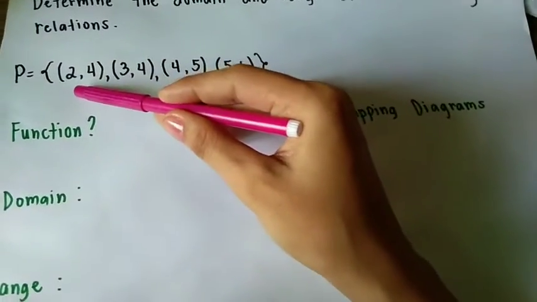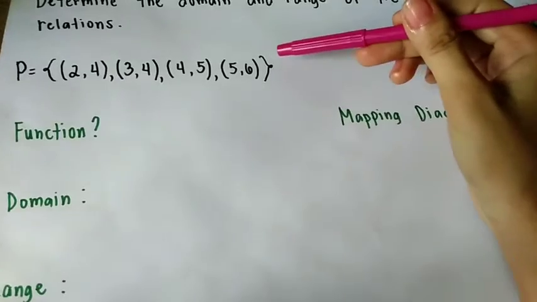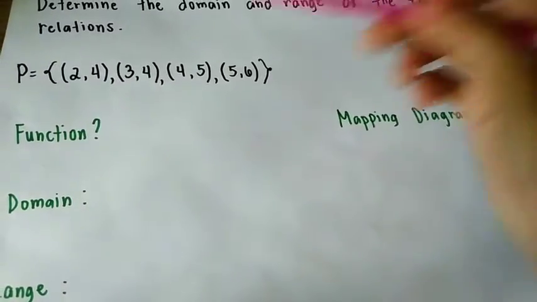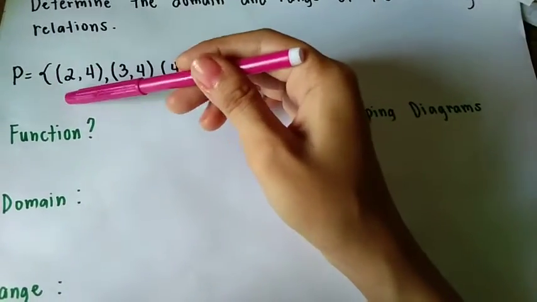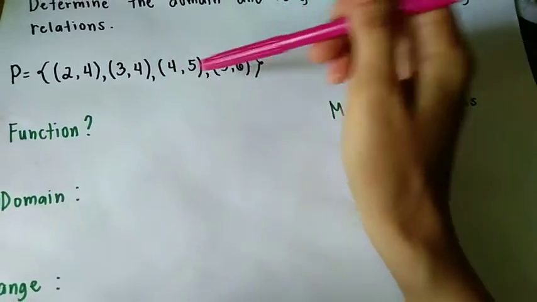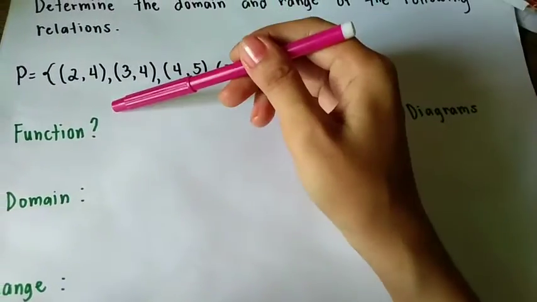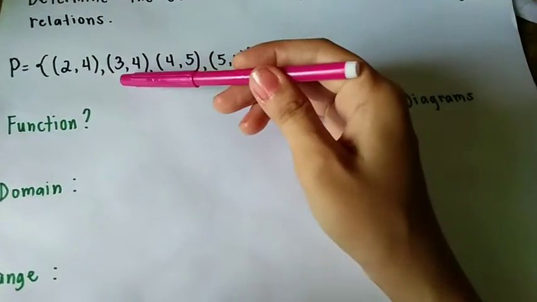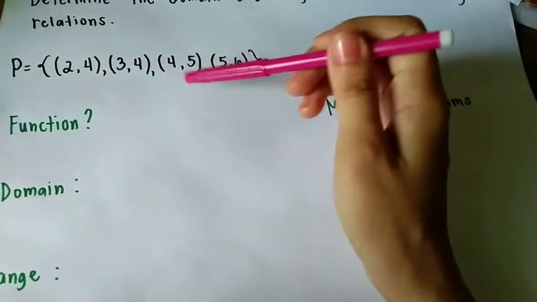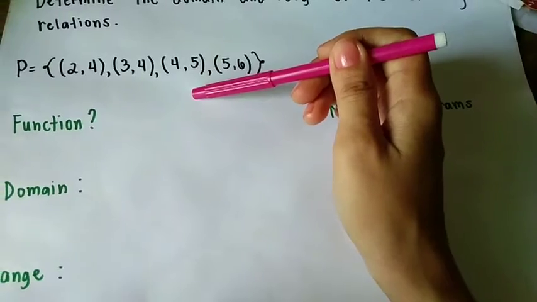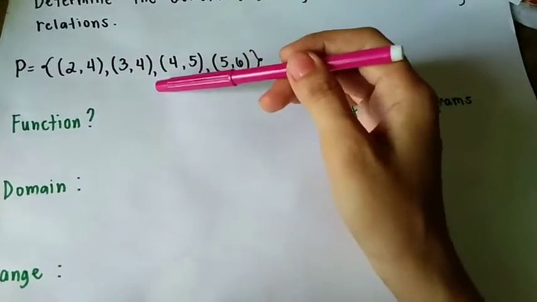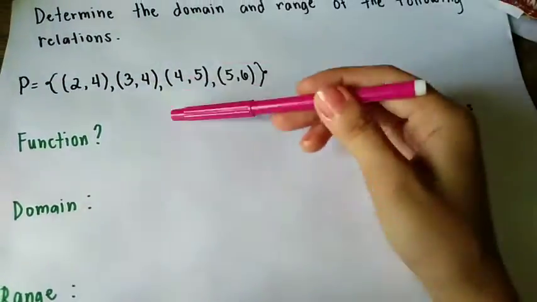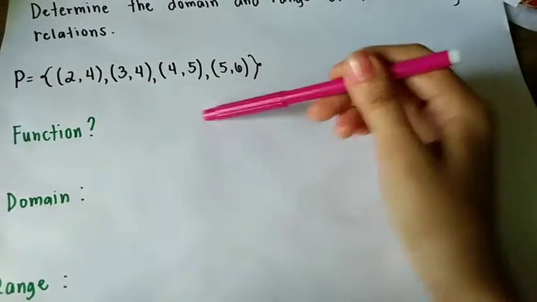So, kapag ang isang set of ordered pairs, kapag walang magkakapareho sa x values niya, masasabi natin na ito ay function. Pero kapag may magkapareho sa x values ng isang set of ordered pairs or ng isang relation, tulad nitong relation P, masasabi natin na hindi ito function.